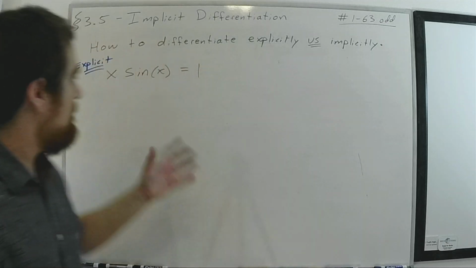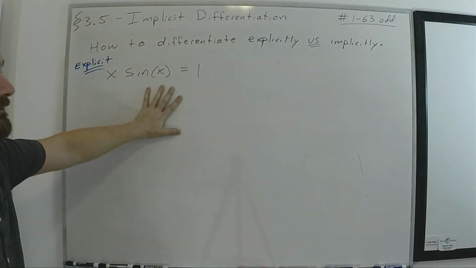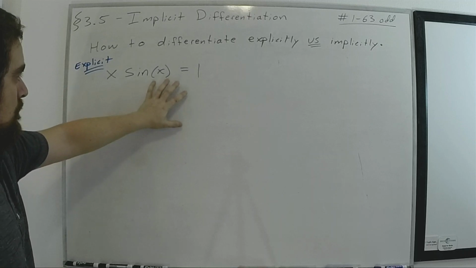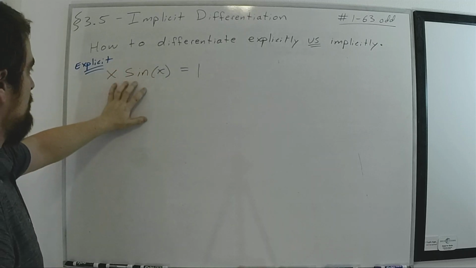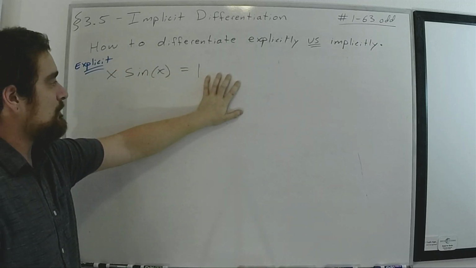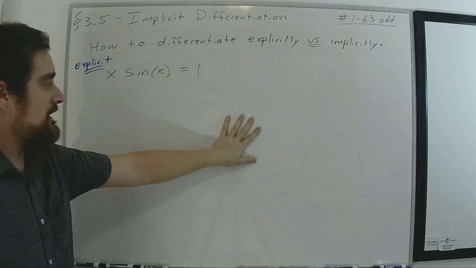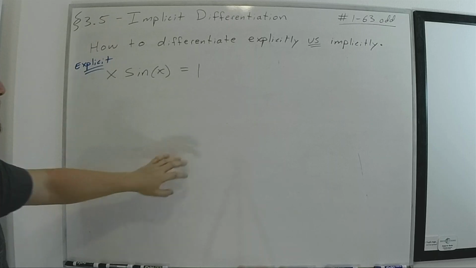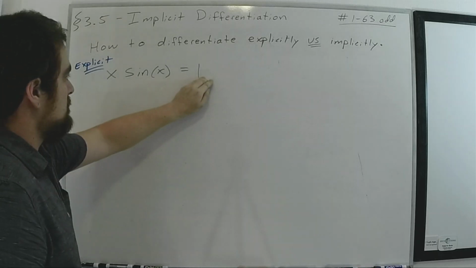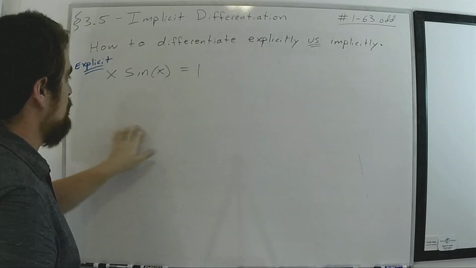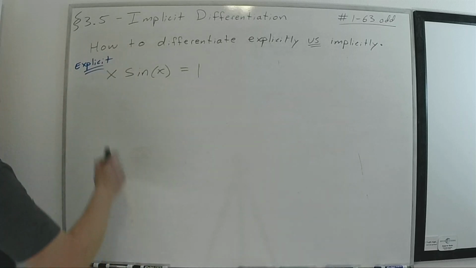When we differentiate the left-hand side and the right-hand side, we keep the equality. If these are two unique functions and they have equality, then their unique derivatives maintain that equality.